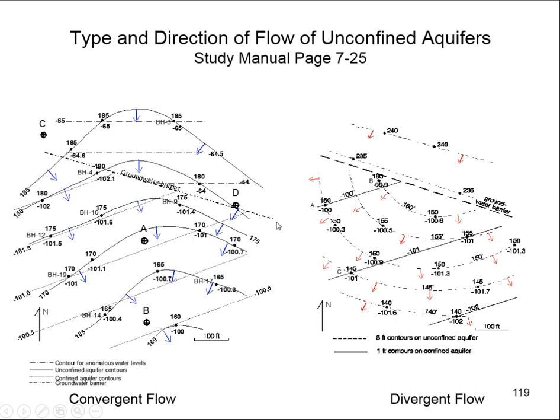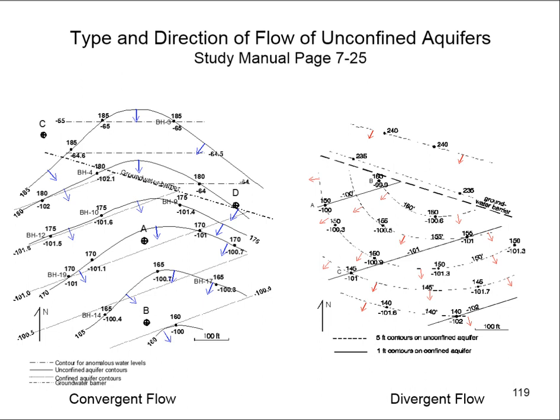This is often how we find faults in the Western US, where we have the water piling up on one side and not being able to go across the barrier for some reason, whether the lithology, clay gouge, or fault movement has created that barrier.